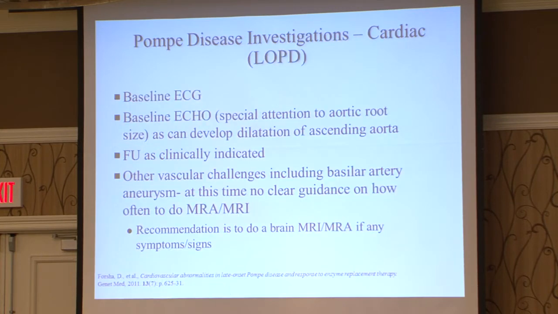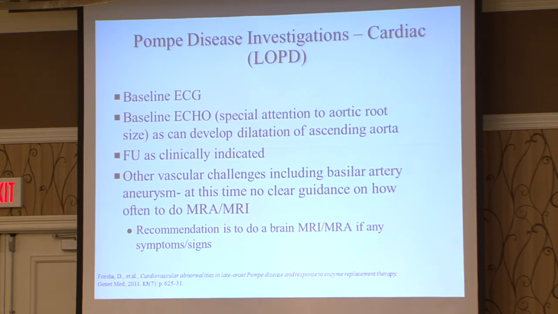And now let's think about the adult, or the rest of the clinical spectrum. Even there is a recommendation to do a baseline ECG, to get a baseline echocardiogram, and then to follow up as is clinically indicated. I think, as you heard earlier during the day, that there can also be vascular involvement, or blood vessel involvement, including vessels of the brain, an example of which is the basilar artery.